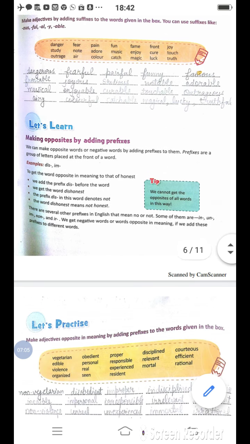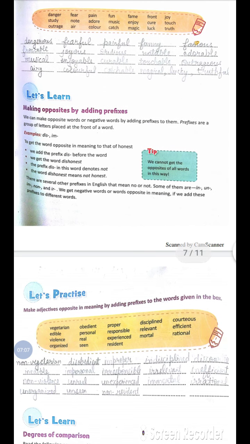Okay. Next is making opposites by adding prefixes. We can make opposites or negative words by adding prefixes to them. If we want to change a word into its opposite or negative, then we have to add prefixes to it.